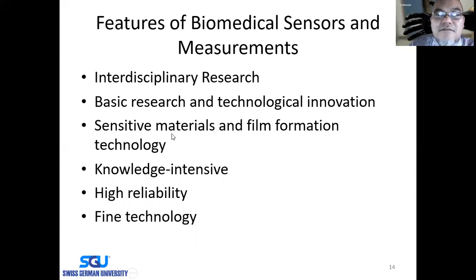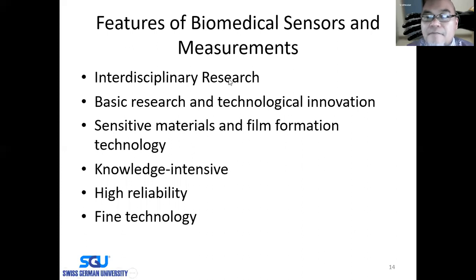And sensitive materials and film formation technology. Sensitive materials here are materials that can be sensitive to a particular physical signal. So for example, in the case of a thermoelectric sensor, we need thermoelectric material that will change its potential upon receiving a temperature difference.